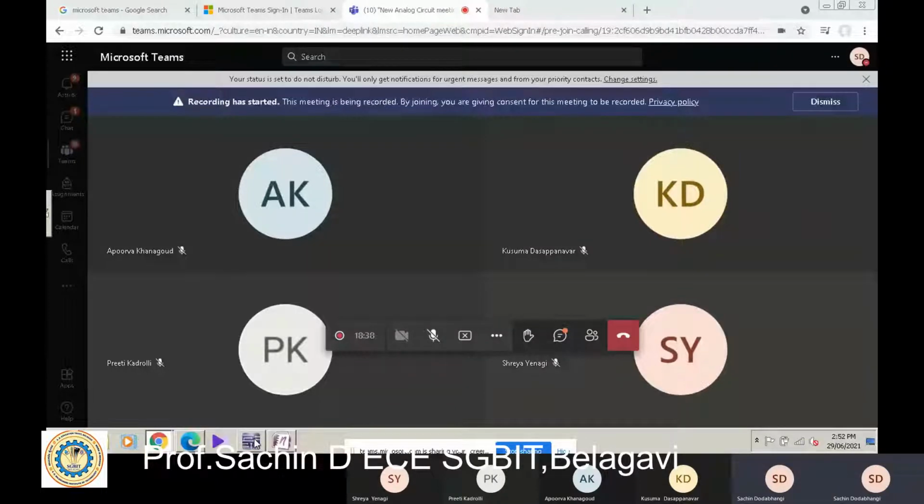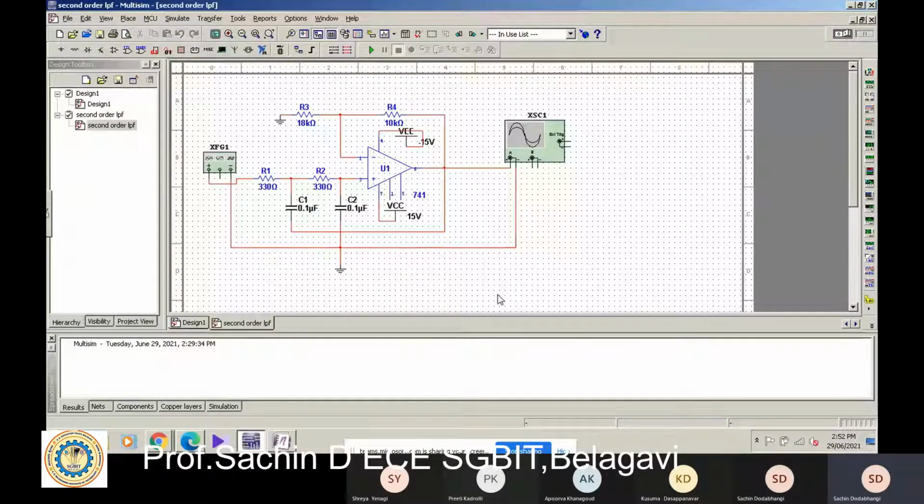I'll go back directly to the Multisim. Can you see the screen now in Multisim? Yes, sir. Look at the cursor here, the input voltage.